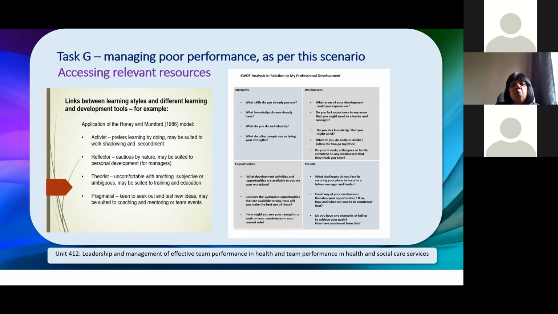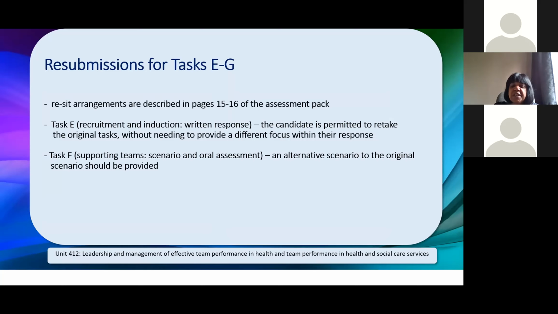What approaches or tools might you use to build upon those strengths so that you move a worker from a situation where they are regarded as needing coaching or support because of poor performance, to improving performance, to eventually reaching a situation where they are seen as providing really high quality outcomes and levels of performance in the work that they do. So that is task G.